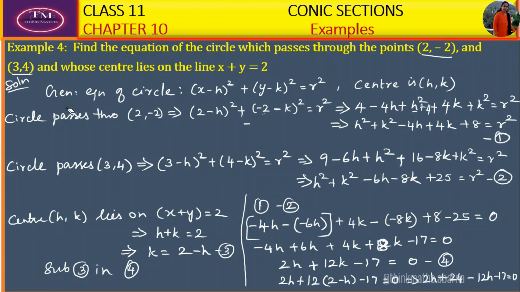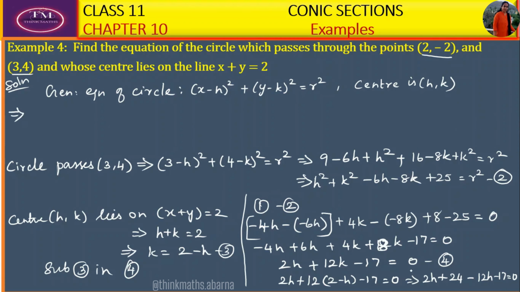So let me erase these parts. What we have: 2h minus 12h. So 2 minus 12 is minus 10h. What about the constant? The constant is 24 minus 17, which is 7.